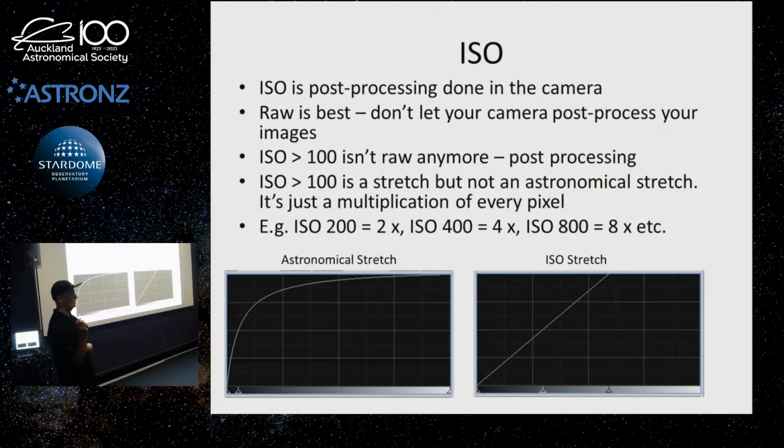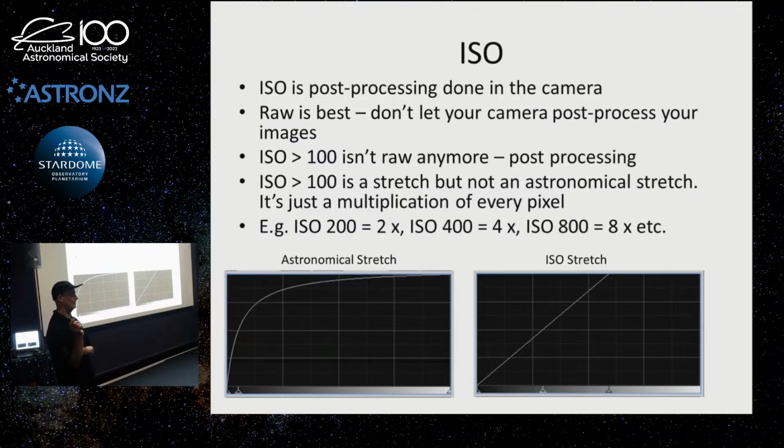So, I'm shooting in RAW on my Canon camera, but I set the ISO before I go out. Is the ISO just an amplification? That's all, yeah, it's just an amplification. And you don't want to do that in the camera.